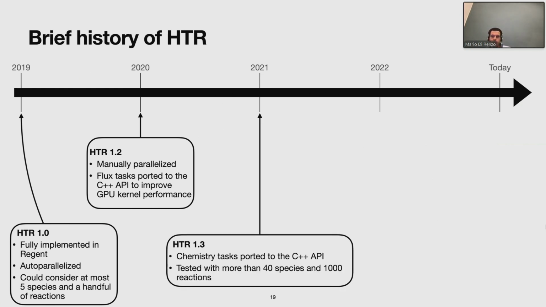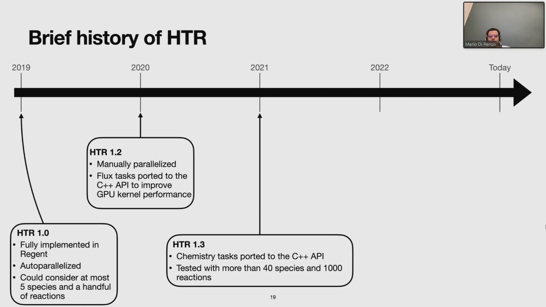In 2021, we had to start doing some combustion calculations. Therefore, it was necessary to also port chemistry tasks to the C++ API. And at that point, we were able to significantly increase the number of species and reactions that we could take into account.